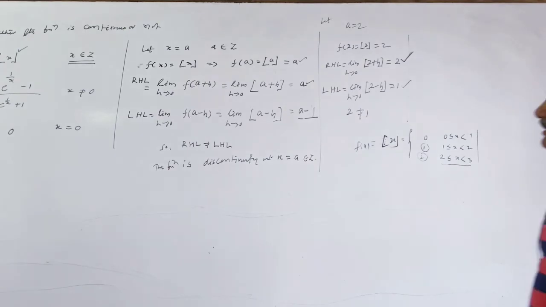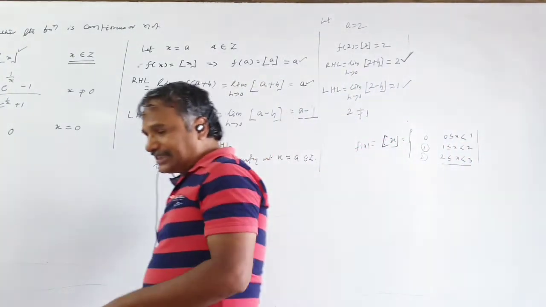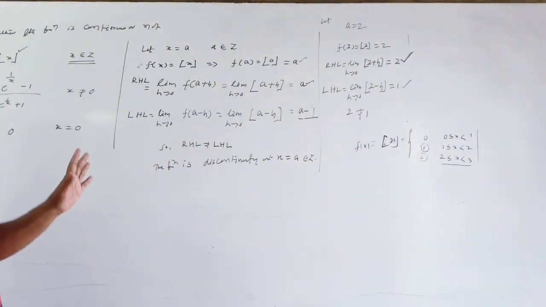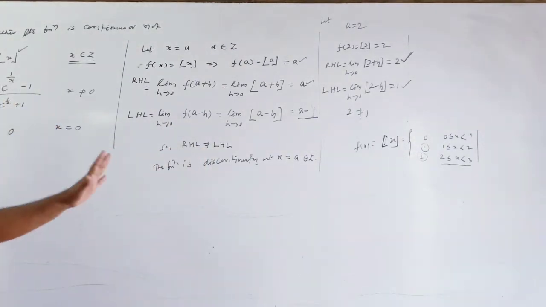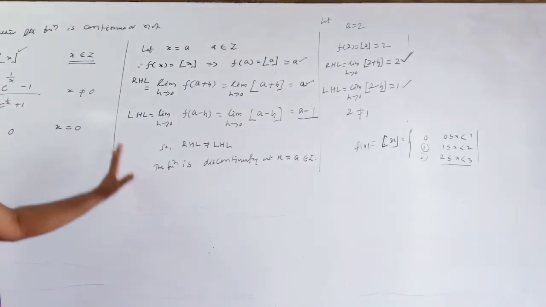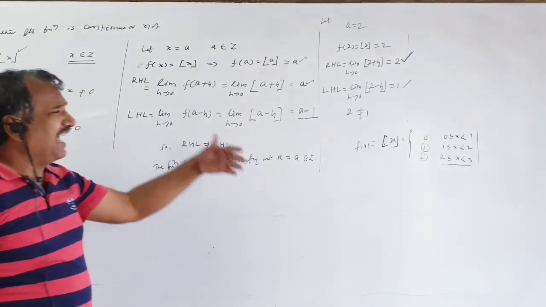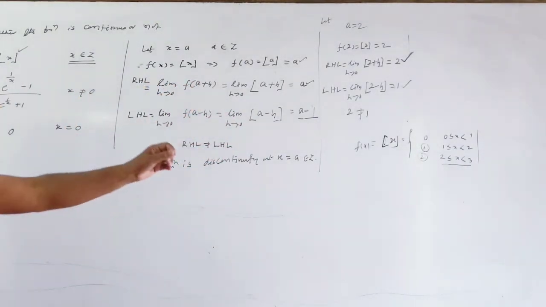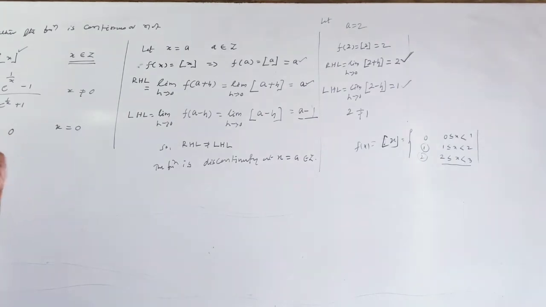Okay. Now this means the function is discontinuous for the set of integers. The greatest integer function is always a discontinuous function at any integer value. Mind it, integer, not a real number, so the function is discontinuous.